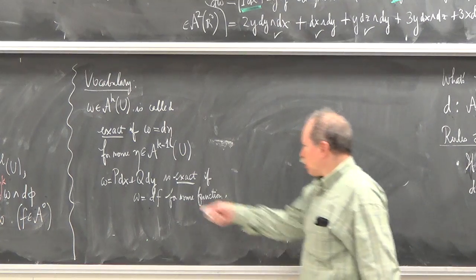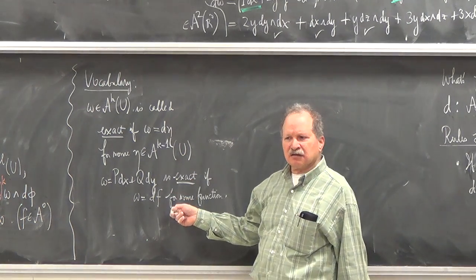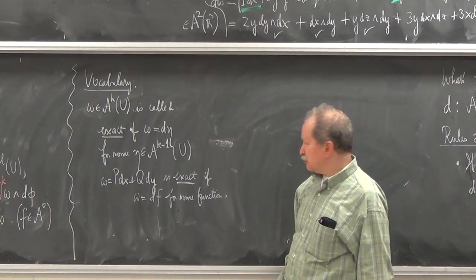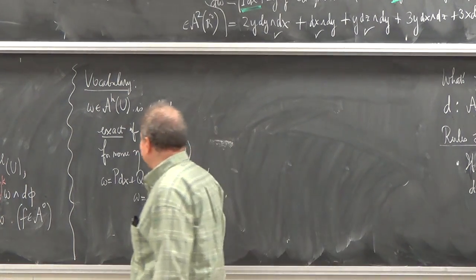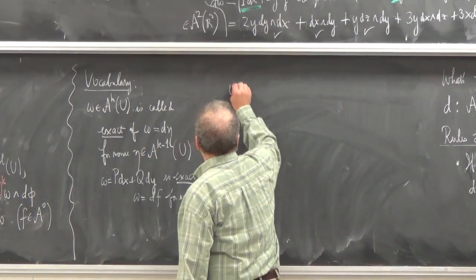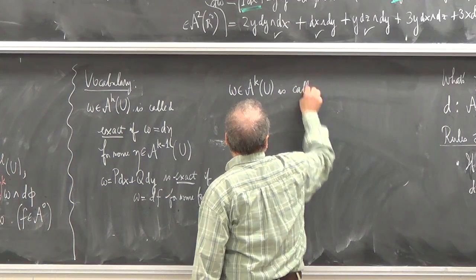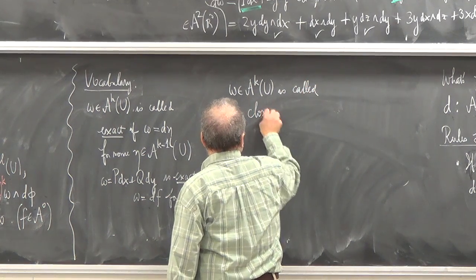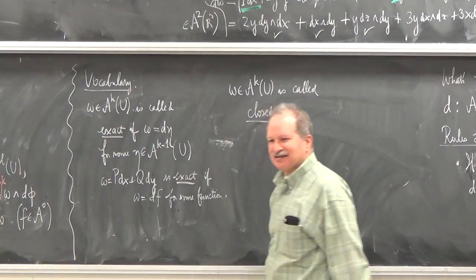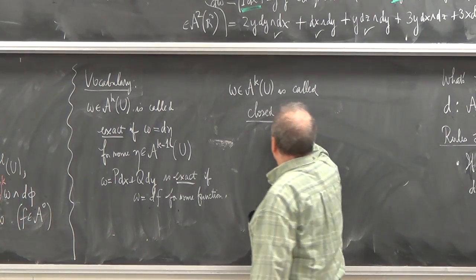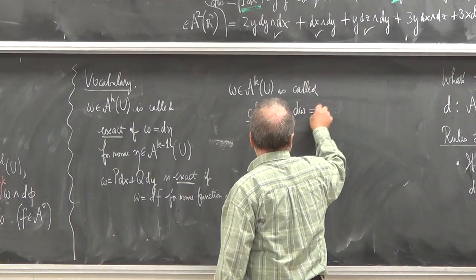So we're going to talk about what this means in terms of physics by the end of next week. So d of exact things is 0. So omega in k is called closed. Nothing to do with open and closed sets, nor open and closed doors. It's just called closed if d of it is 0.